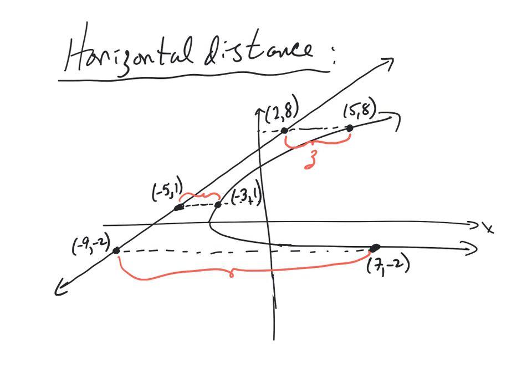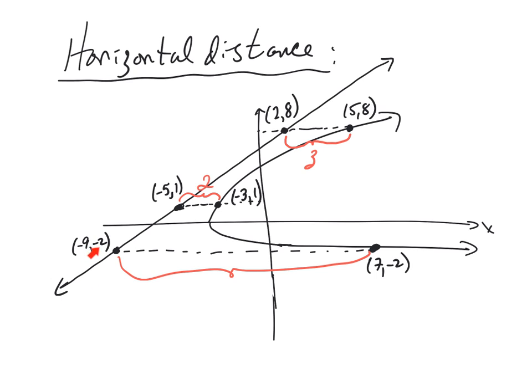Or if I do the same thing with this pair, notice that this y value is 1, this y value is 1. And therefore, the distance between the 2 points is the difference of the x's. So the distance between -5 and -3, you guys would say, is 2. And finally, the lower points here, again, the y values are the same.